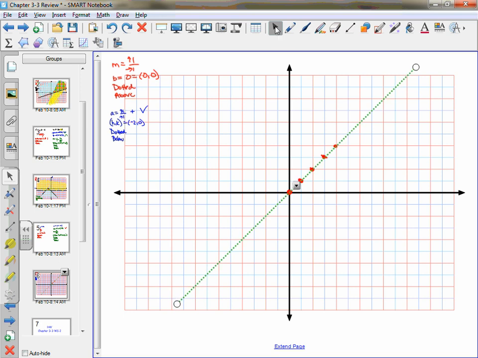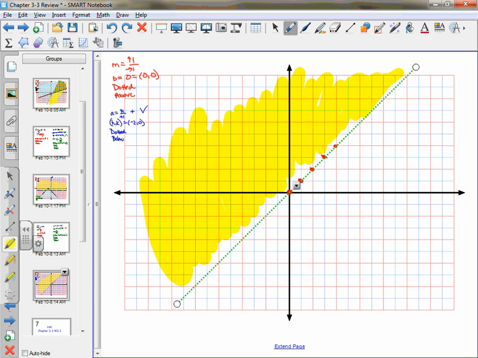And where do I shade? I'm going to shade above it. So there's my above line. And is that one done?